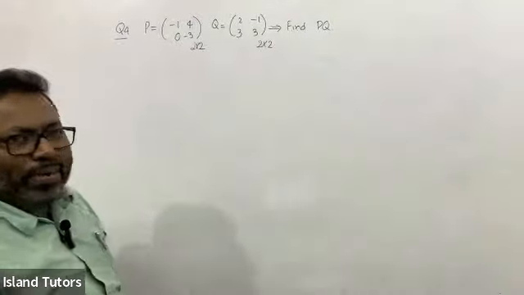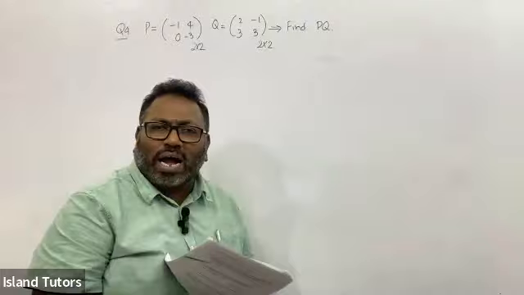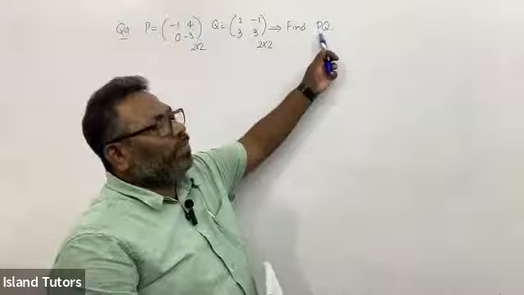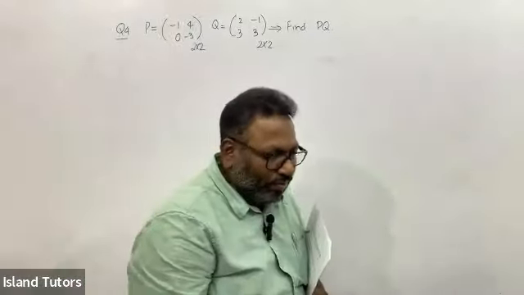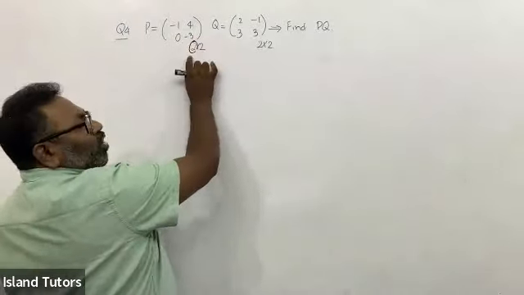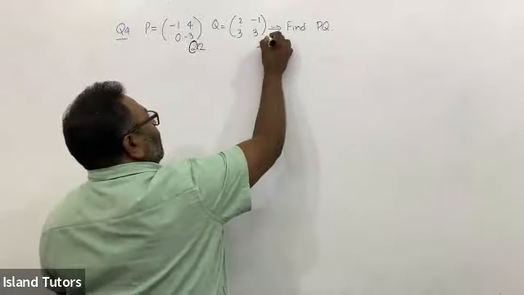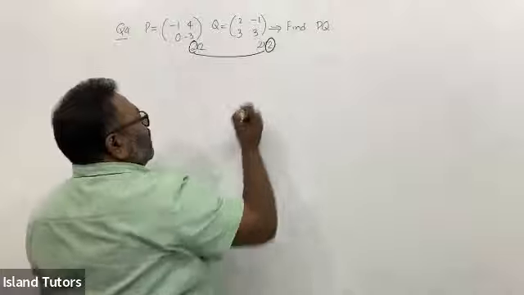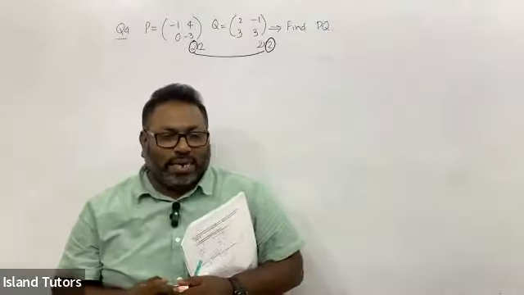When you multiply the product of P and Q, the rows from the first matrix and the columns from your second matrix will decide what is going to be in your answer.